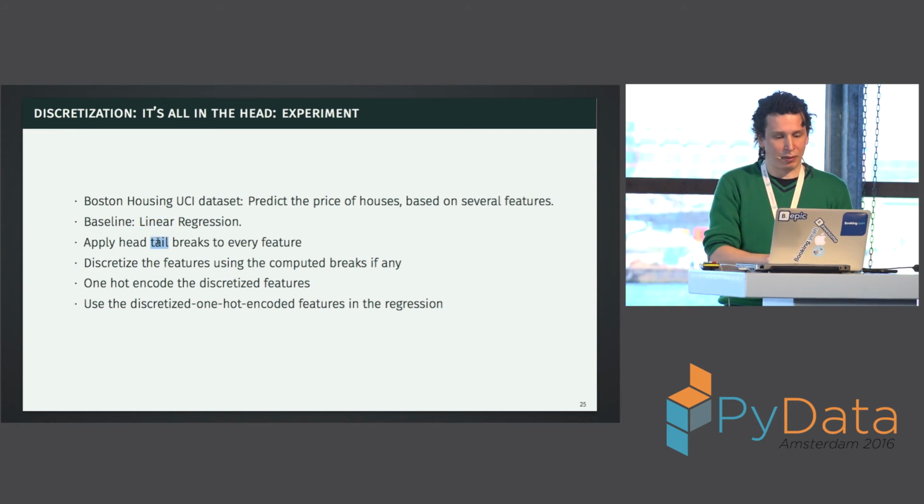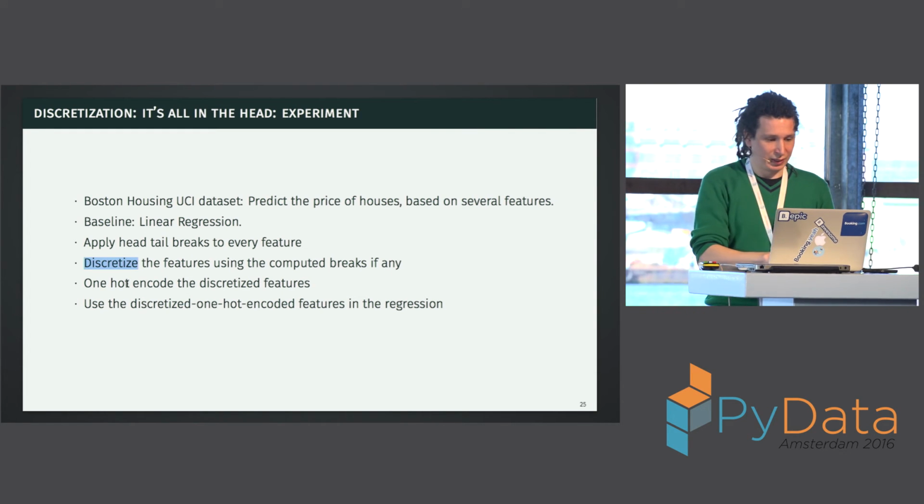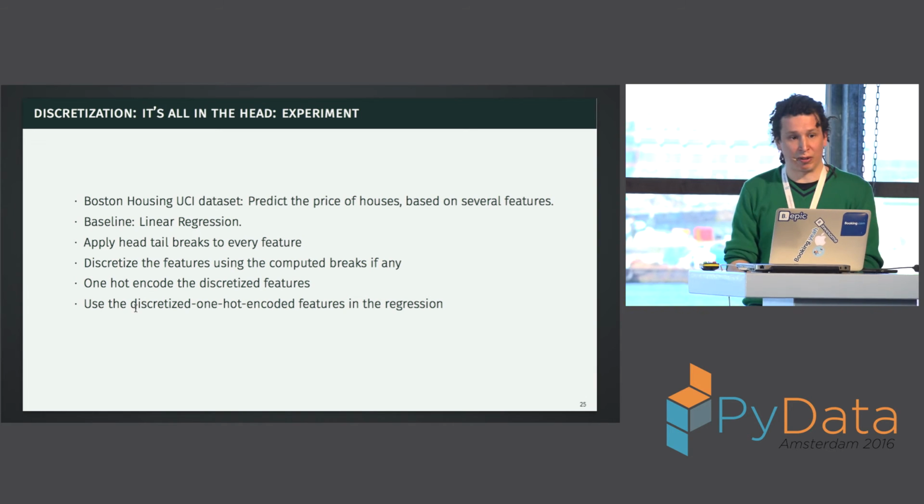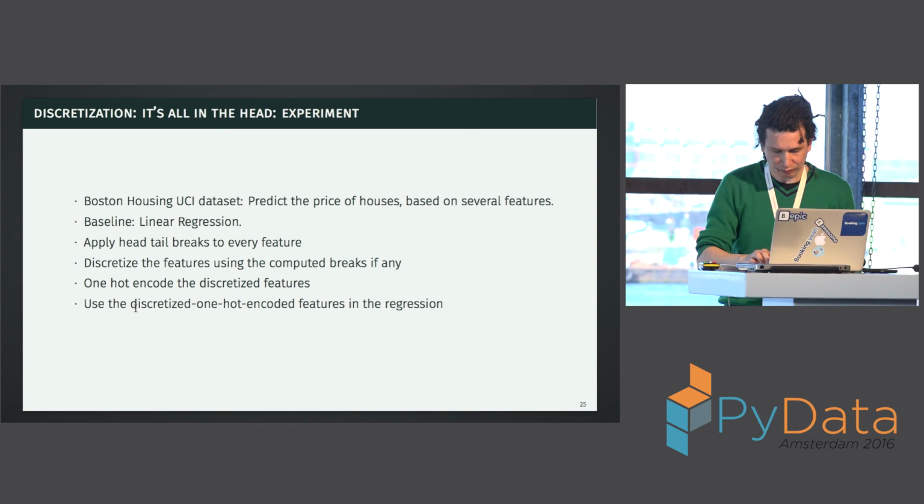Then I apply head-tail breaks to every feature because they are all continuous, real-valued features. Then I discretize them using the bins that I got from the head-tail breaks trick, and then I one-hot encode these bins. And finally, I use this in the regression as a non-linear feature.